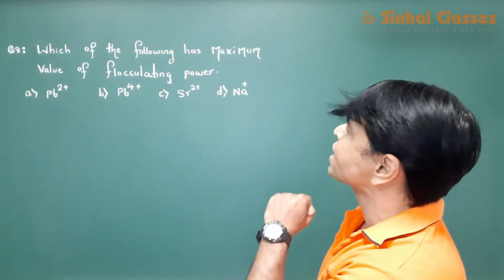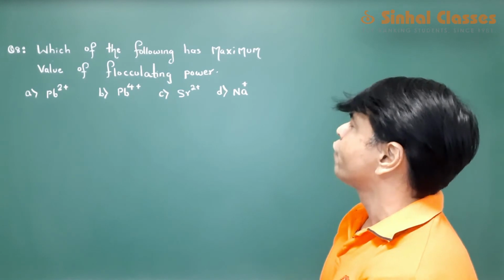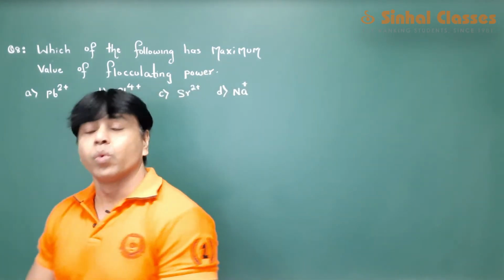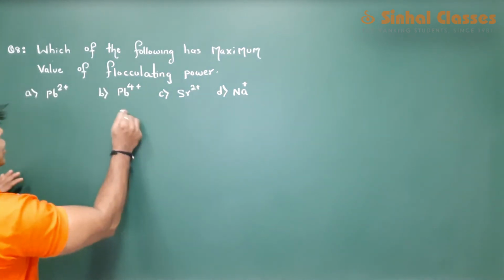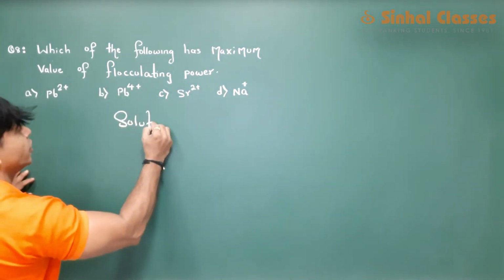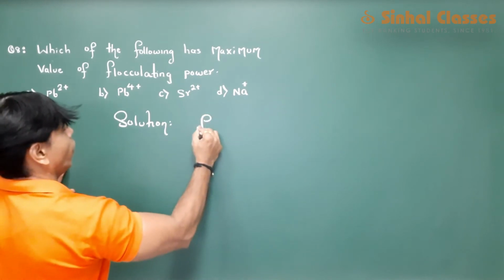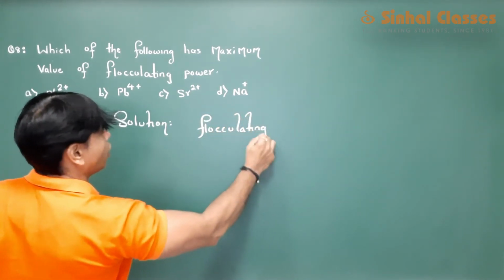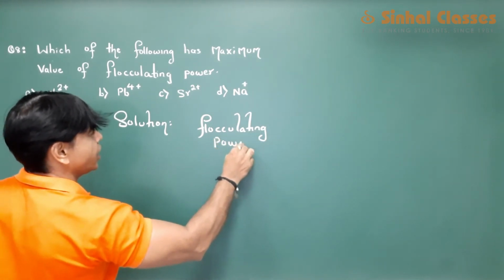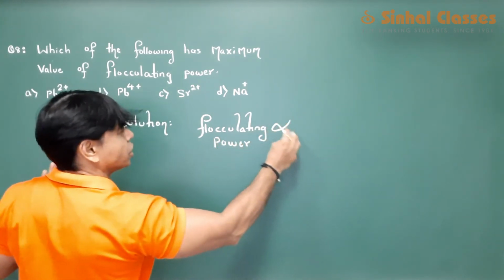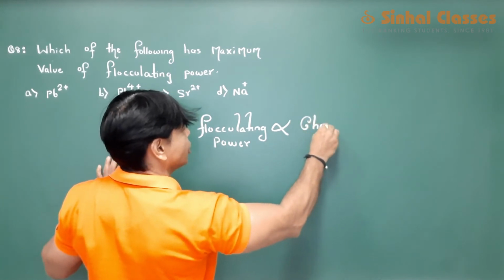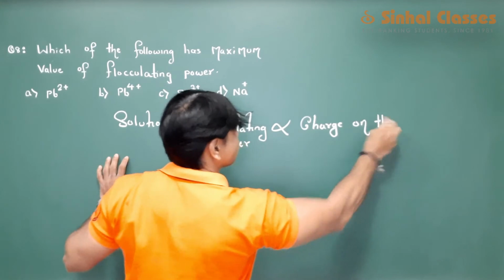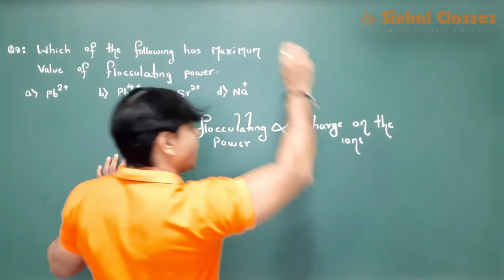Which of the following has the maximum value of flocculating power? Now, we know that the flocculating power is directly proportional to the charge on the ions, charge carried by the ions.